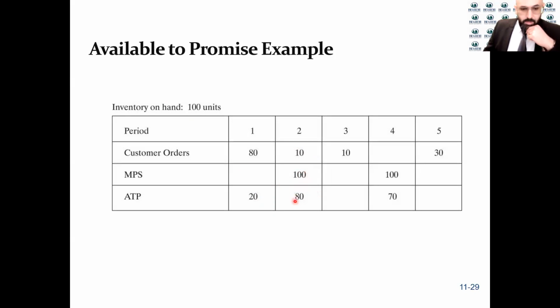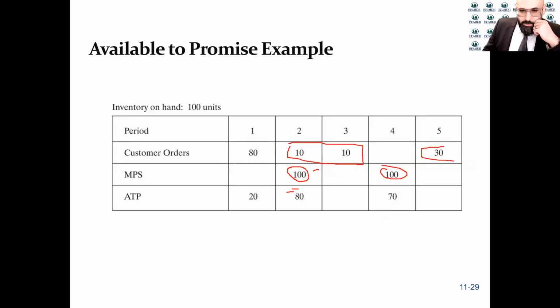Now, for the available to promise, we take a look into the MPS. Whenever there is an MPS, there should be an available to promise. So we have 100 here. Take away from the 100 these 20, that will give you 80 units available to promise. Same thing here. We have a 100 MPS.